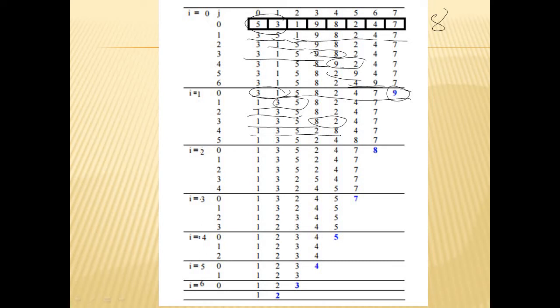Next 8 with 4, 8 is greater than 4, yes, swapping. Next 8 with 7, 8 is greater than 7, yes, swapping. So this is the second highest element.